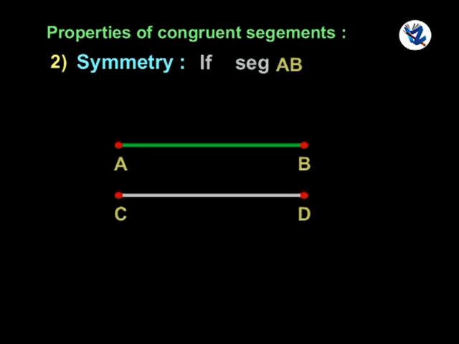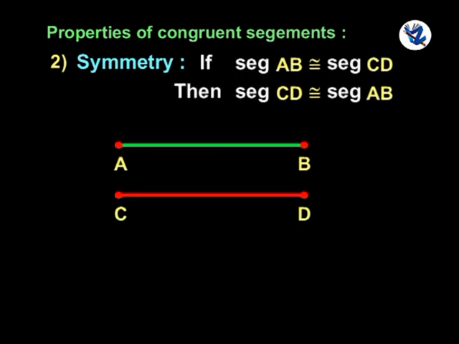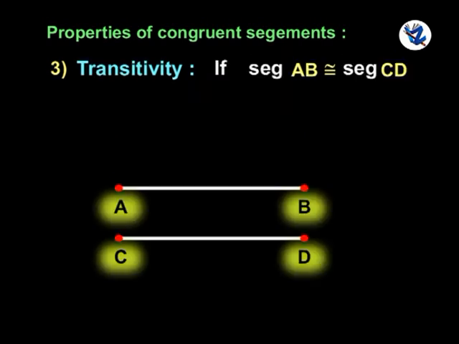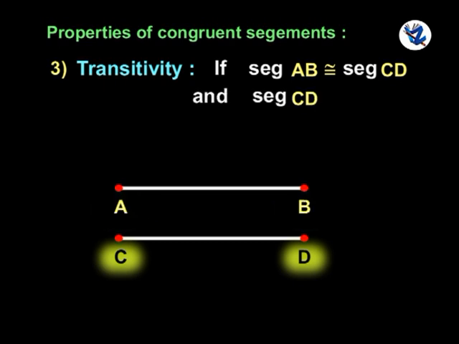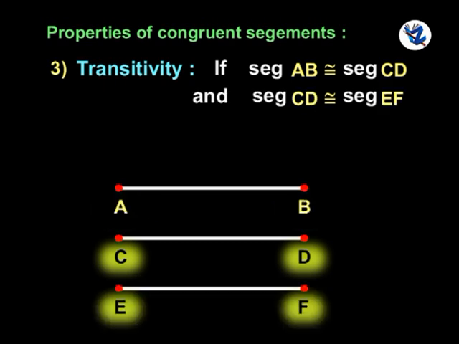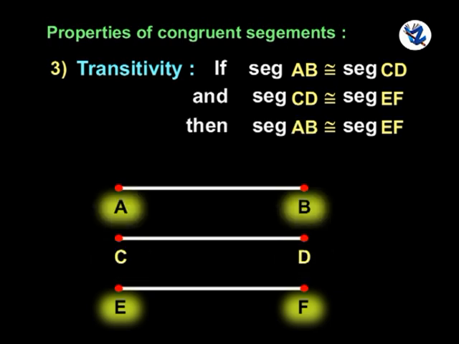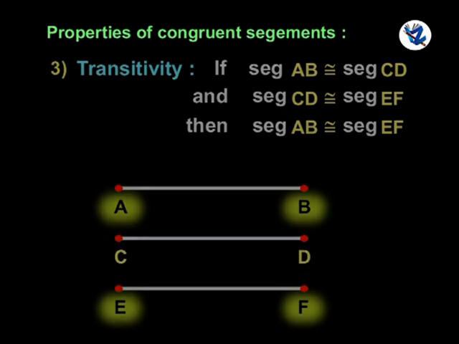Symmetry: if seg AB is congruent to seg CD, then seg CD is congruent to seg AB. Transitivity: if seg AB is congruent to seg CD and seg CD is congruent to seg EF, then seg AB is congruent to seg EF.